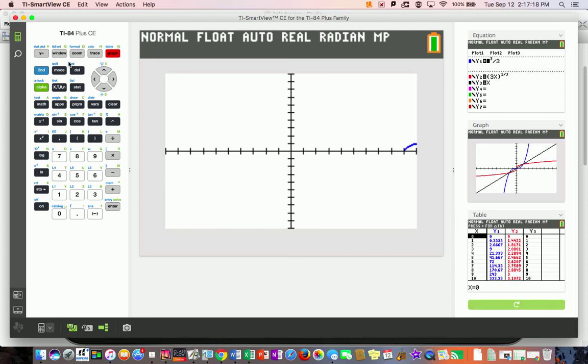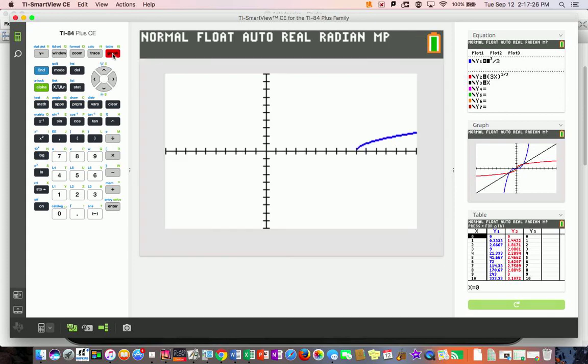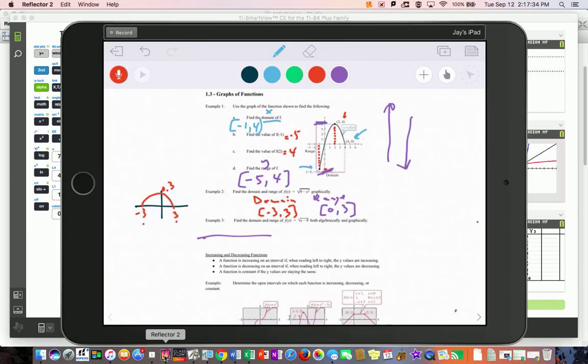So I may go to my window and just extend this window to maybe 15, just a little further to the right. And so what you can see is this square root graph. So it's somewhere over here and just kind of goes up, and it is increasing.